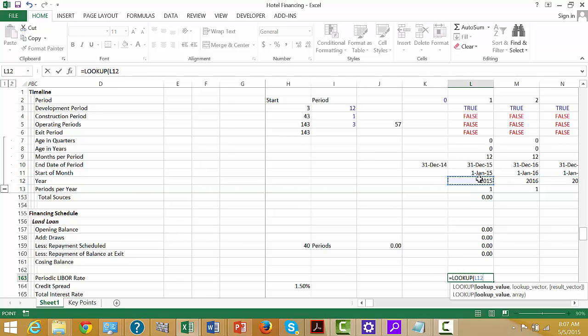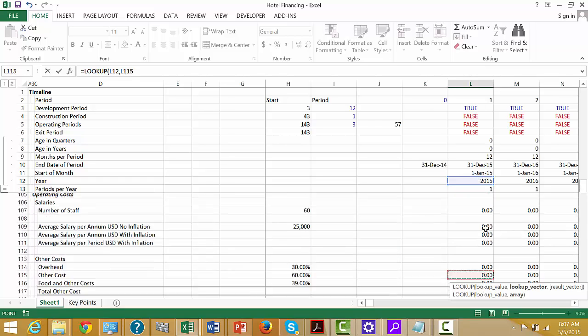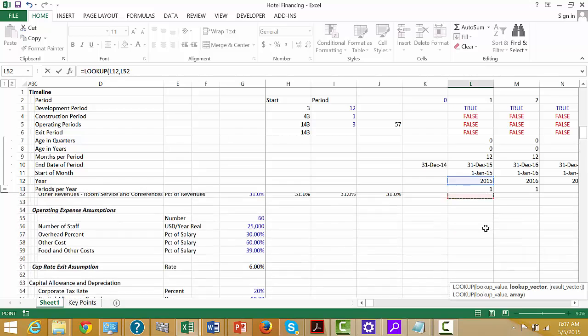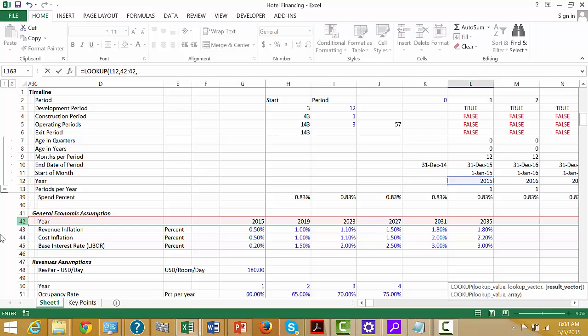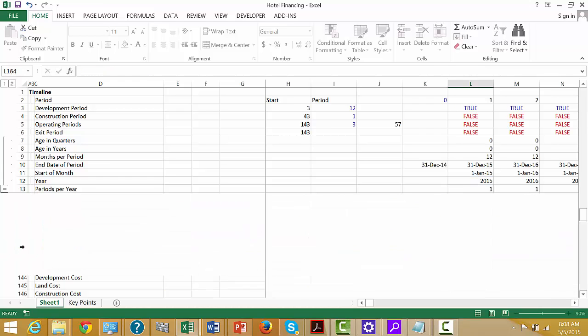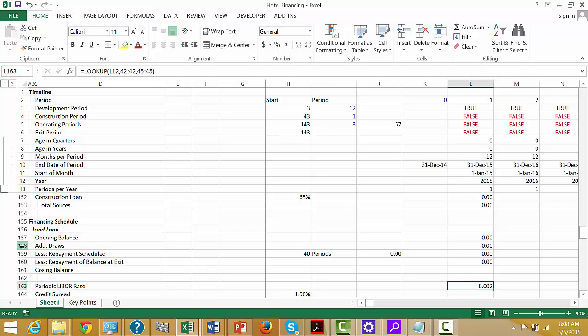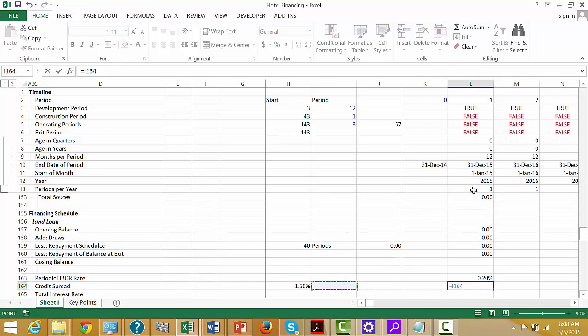You just look up one value, and then we find our interest cost, and we click on the year, and then we click on the entire column. Okay? If you're watching this, it must be incredibly boring. Now, I press Shift Control P, and we'll divide that by how many periods per year we have. Okay? And our credit spread is just flat.